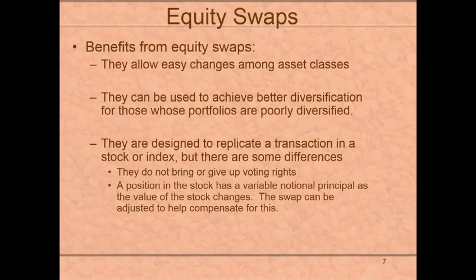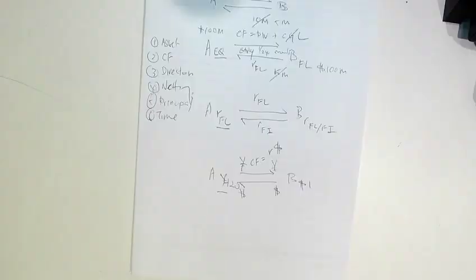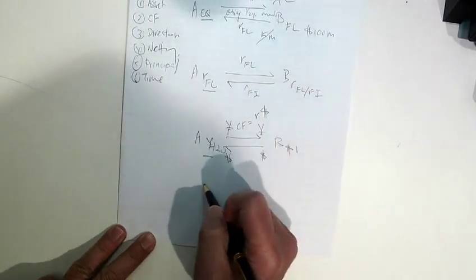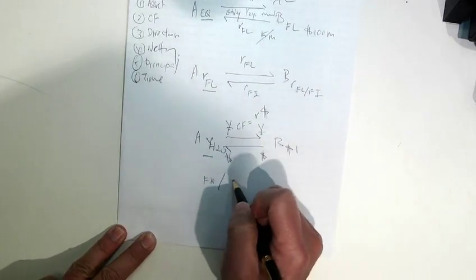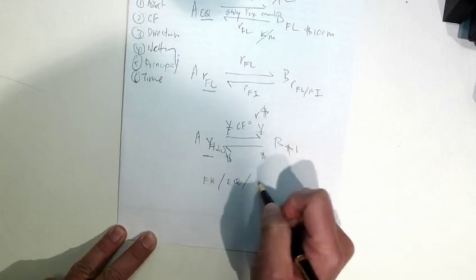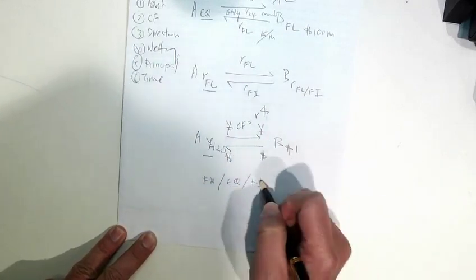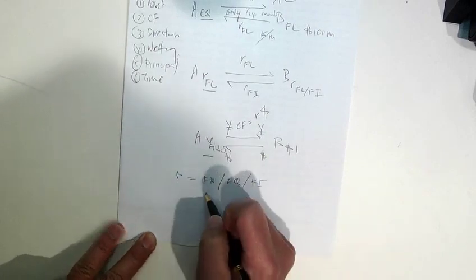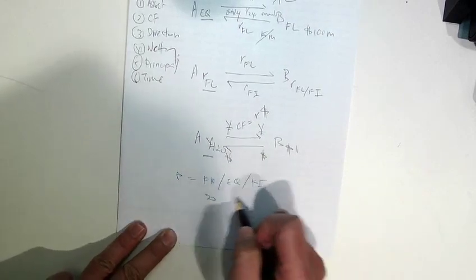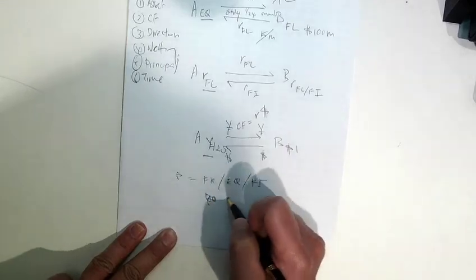Now they can also be used to achieve better diversification. So for example, let's say I have forex, equity and fixed income as my portfolio, and I have, let's say, 20, 40, 40.